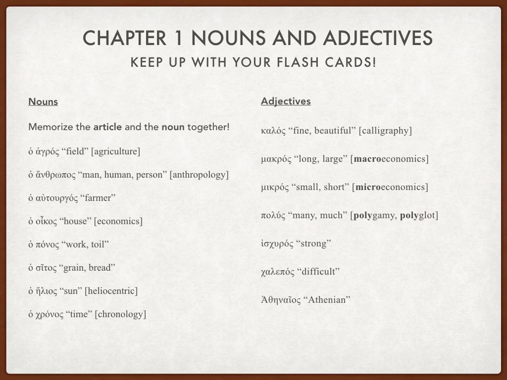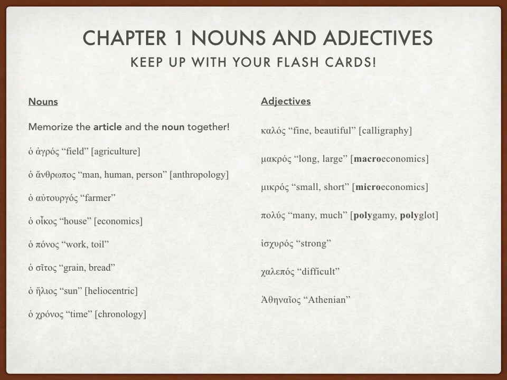So, for example, the first one, ho agros, agros means field, which is a root for agriculture. You can hear the root in that, ho agros, agriculture. Ho agros means field, a masculine noun. Next one, we just saw this before, ho anthropos, anthropos, a man, human, or person.